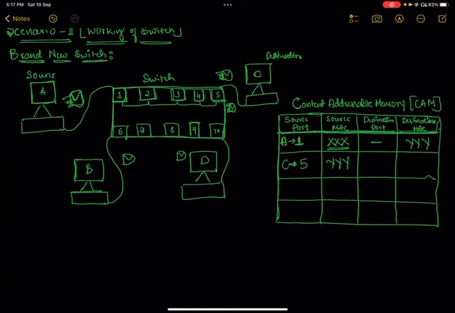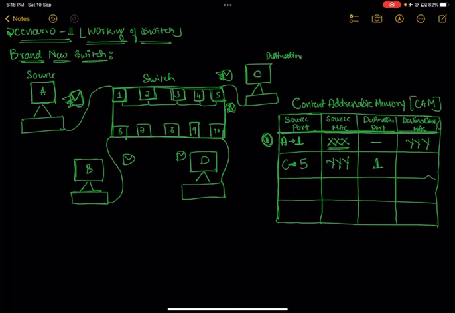And then the destination port. For C, the destination port would be 1 because this was the source port in our initial packet. It just interchanges everything. So here the destination port would be 1 because A is connected to port 1 and this packet was sent from A to C. That is why now it's our job to reply back.